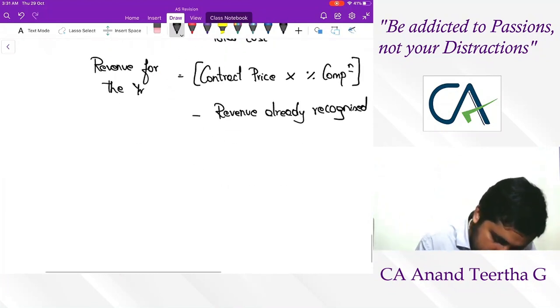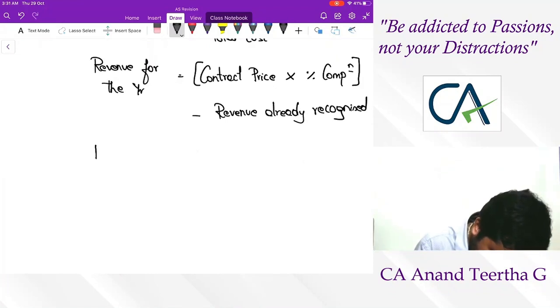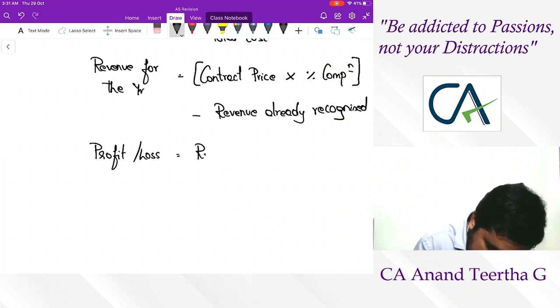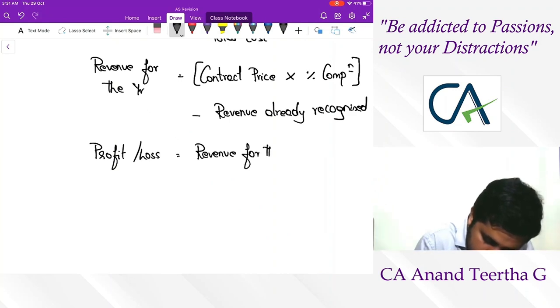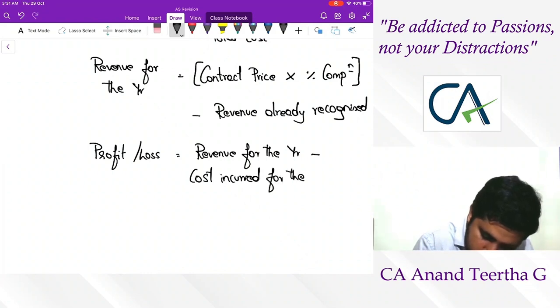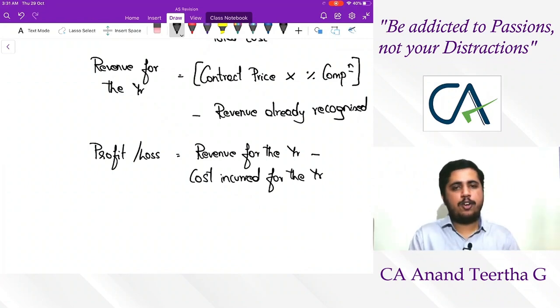Later, if you want profit or loss, it is going to be revenue for the year minus cost incurred for the year.